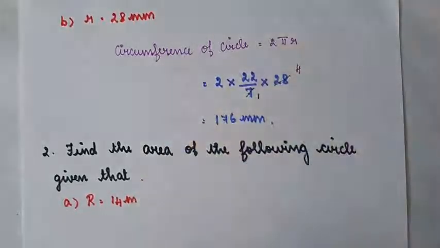This is our question. Find the area of the following circle given that radius equal to 14 meter.